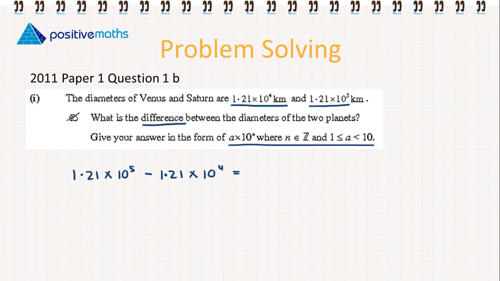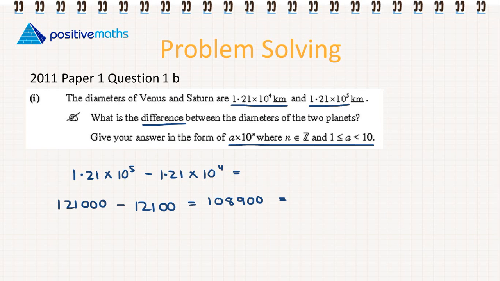If we expand 1.21 multiplied by 10 to the power of 5, it's going to give us 121,000, because we've multiplied it by 10 to the power of 5, minus 12,100, because we've multiplied our 1.21 there by 10 to the power of 4. So the difference between them is 108,900.